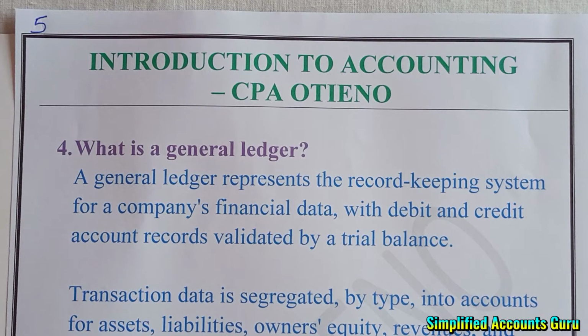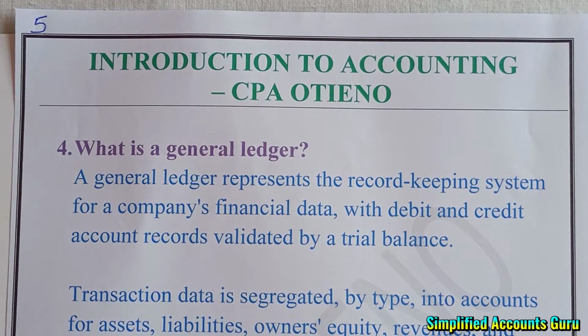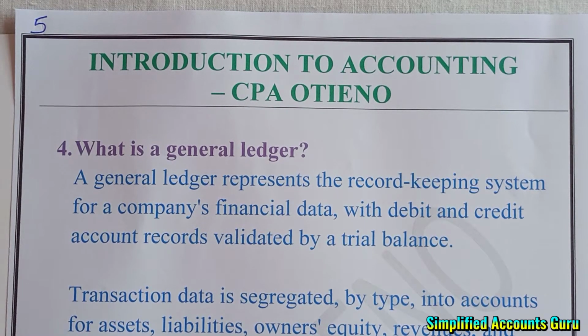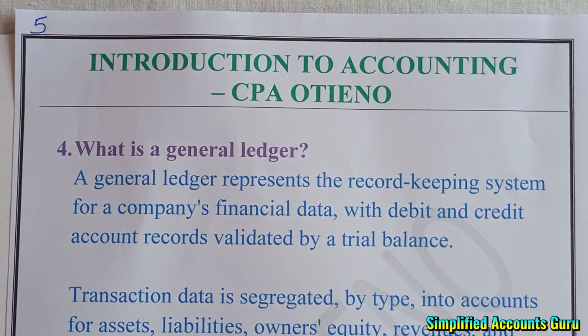It's now being summarized. Remember, we said that accounting is the process of recording, summarizing, and analyzing financial transactions. So we are now at the bit of doing the summary. So we are summarizing the information that we obtained from the journal.